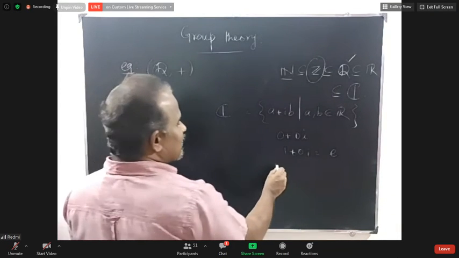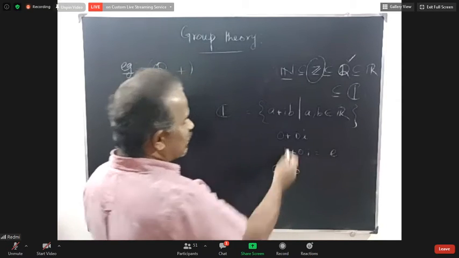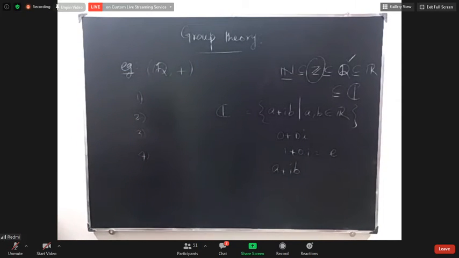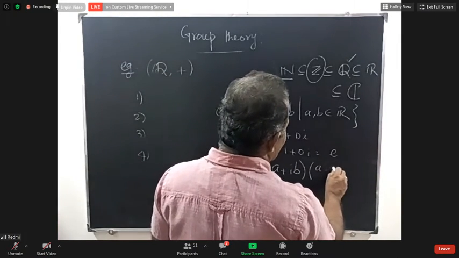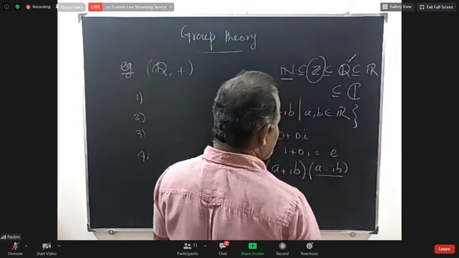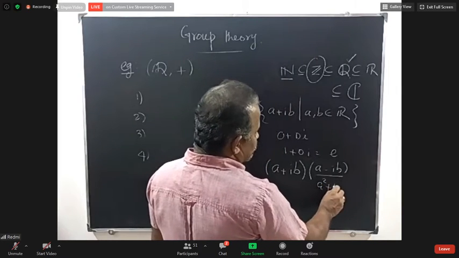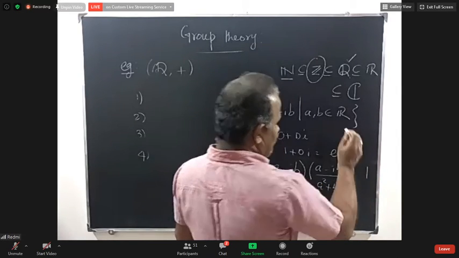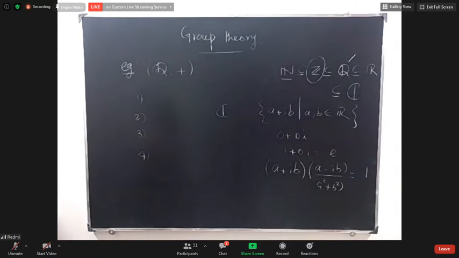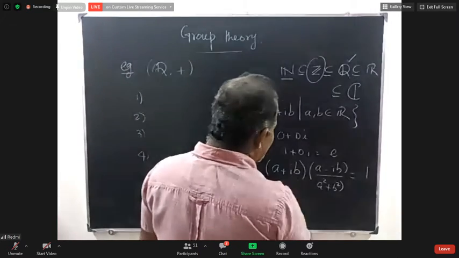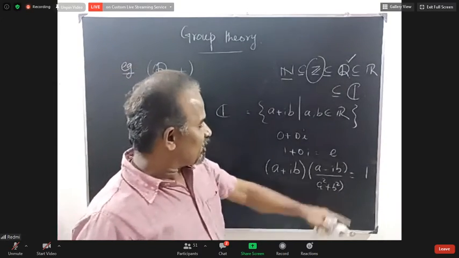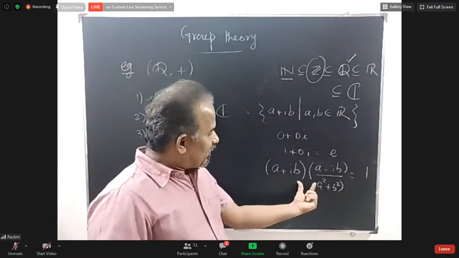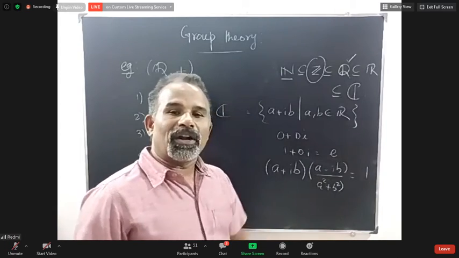Then inverse. Suppose let us take a plus ib. What will be the inverse? If you multiply it by a minus ib divided by a square plus b square, which is equal to 1.